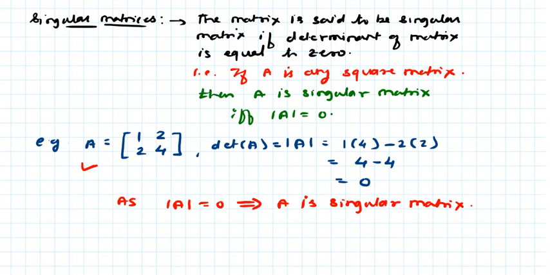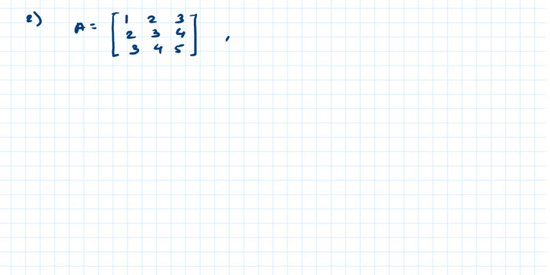One more example we can see. Second example, suppose I take the matrix 1 2 3, 2 3 4, 3 4 5. To find the determinant of A, consider the first element 1, and hide its row and column.